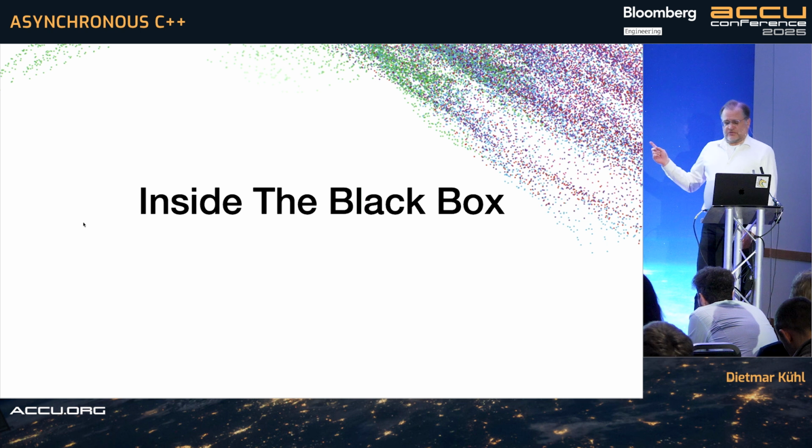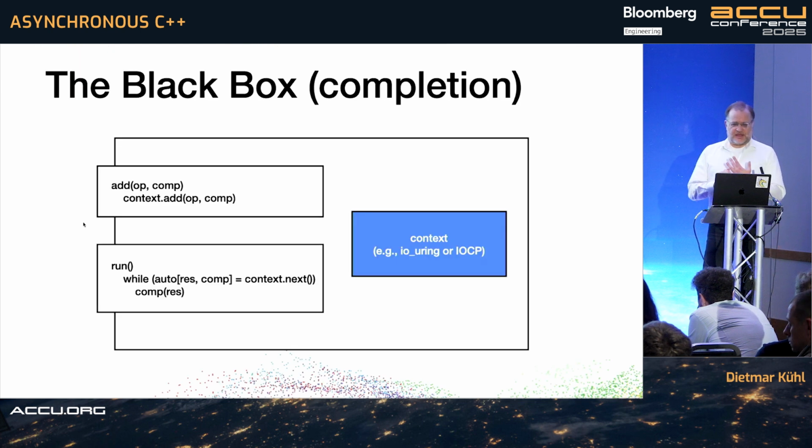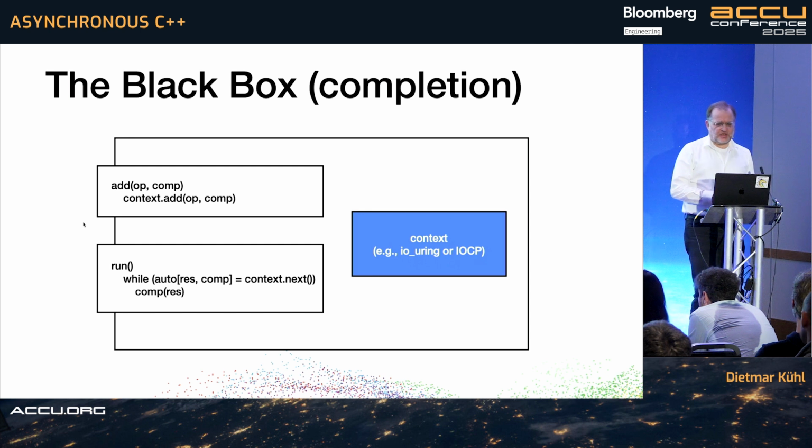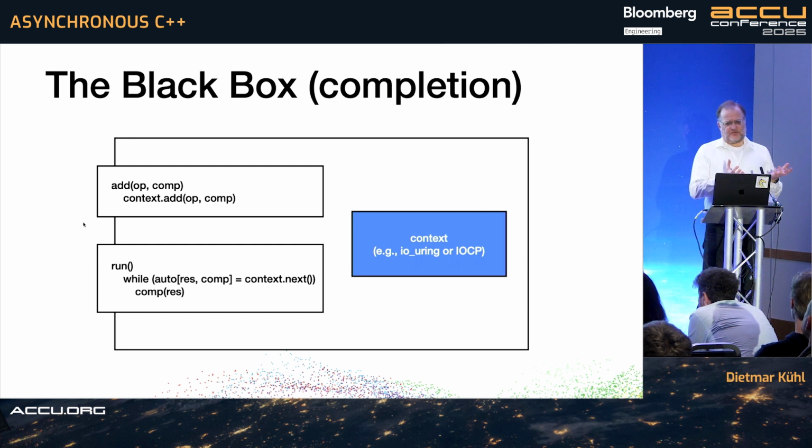Okay, now I talked about the black box where we do all the magic. Now let's look at how the black box could look like. And I will start off with the less usual, but actually easier approach. And that is if the black box is implemented in terms of operating system level completion operations.